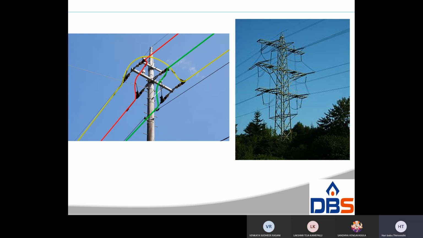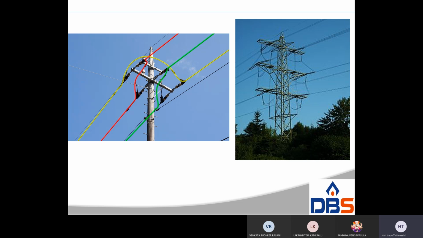So it is a communication line, right? This is a telephonic tower. So through the telephonic tower, the power lines are also carried. At that time, radio interference or communication interference will appear. To reduce that, we have to transpose the positions of conductors.